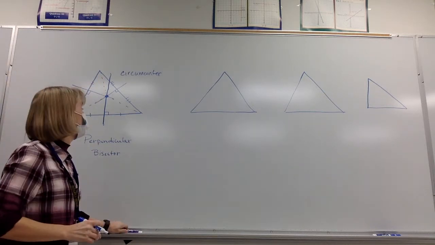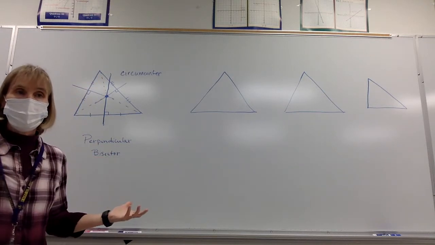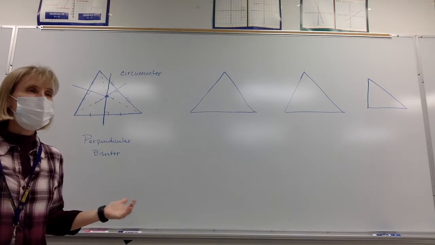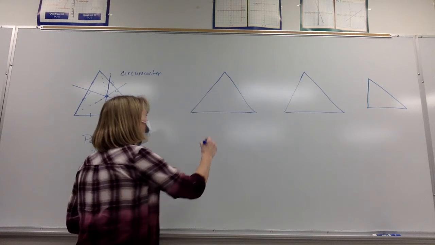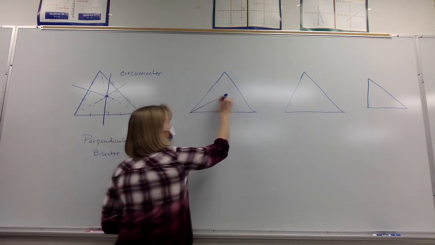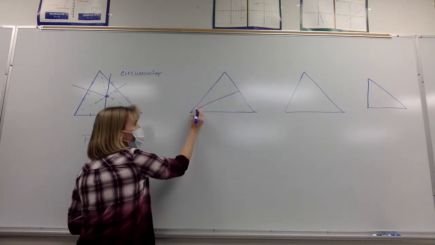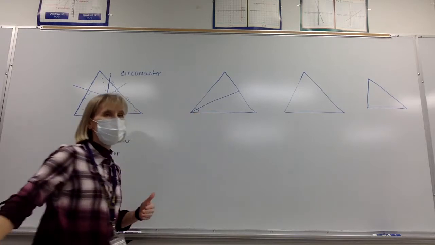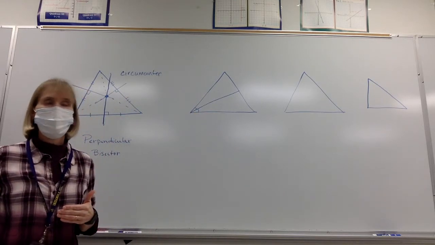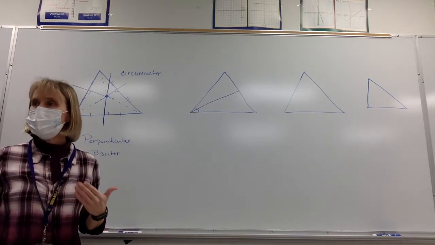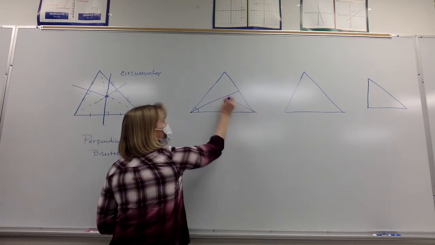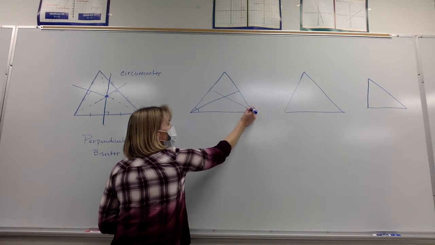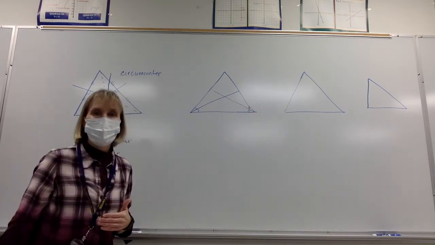Then we also talked about, after perpendicular bisectors, what was the next one we talked about? We had angle bisectors. Now the angle bisector does start at the vertex, and you see angle marks, arc marks, to tell you that that angle has been bisected or cut in half. And then here you had an angle bisector, so you saw arc marks to tell you that that angle had been cut in half.